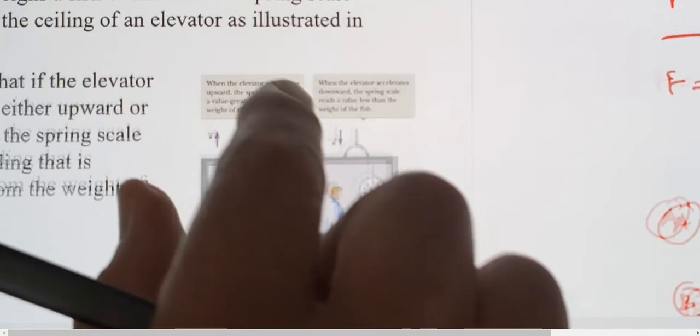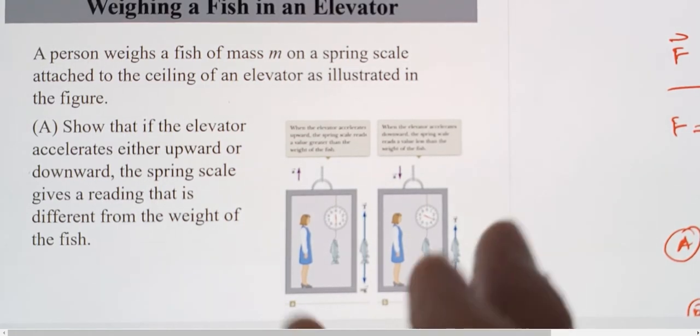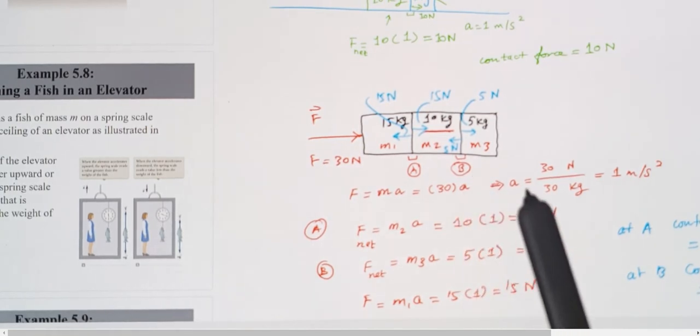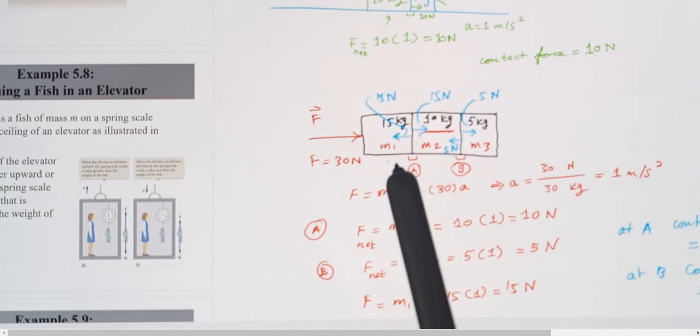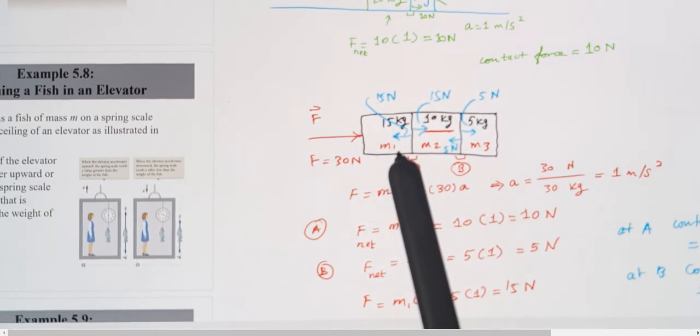Now let's have this example. تفضل. For A, it should be 10, right? 10 Newton. No. For A, it should be 15 because the acceleration of M1 is 1 meter per second square.